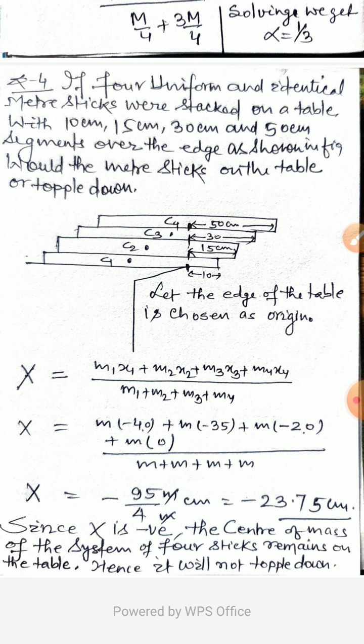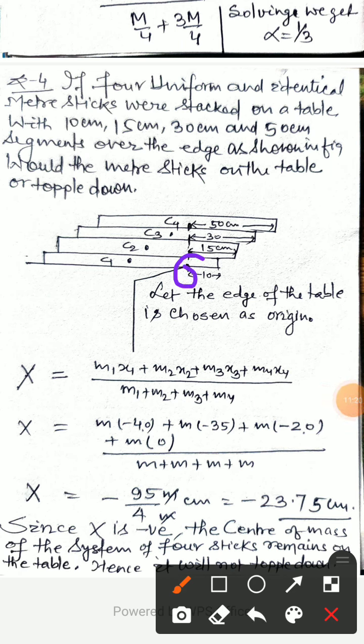Now you can see a meter scale, it is of 100 centimeter. Geometrical figure, its center of mass coincides with its geometrical center. So C1 will be present at the geometrical center of the meter scale, that is at the 50 centimeter point from the end. So for the first scale, let the edge of the table be chosen as origin.